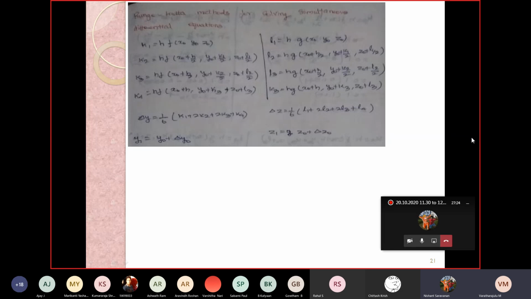Anyone from Gujarat? Anyone from Gujarat in R35? Sir, I live in Rajasthan, but I am from Gujarat. Very good. May I know who is this?